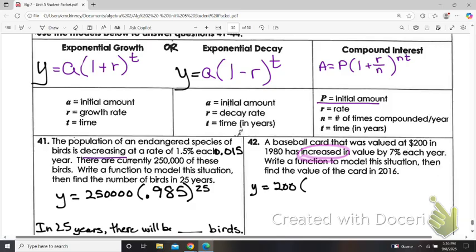We're growing by 7%, so that's 0.07, so we can add that to 1 pretty easily. And then what about our time? So from 1980 to 2016, you're going to do a little subtraction. So that would be 36 years. So 36 is what we'll actually use as the exponent.